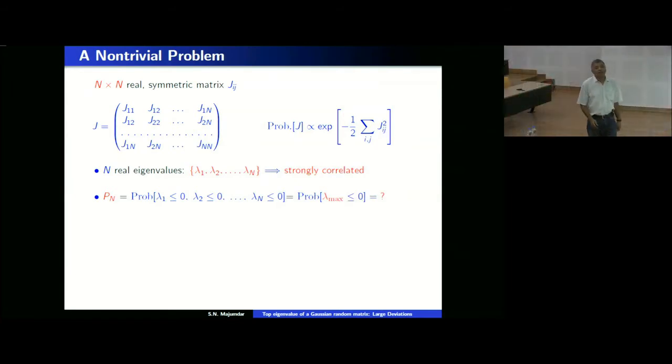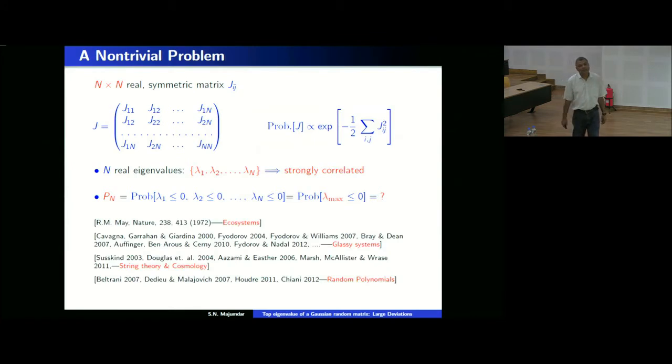Now this has a long history. It appeared in so many different problems in different disguise. The first time, it appeared in a paper by Robert May in Nature in 1972, in the context of population dynamics in ecosystems. Then in spin glass systems, Juan here with Andrea Cavagna and Irene Giardina looked at, not exactly this question, but this problem of the index in the spin glass context.